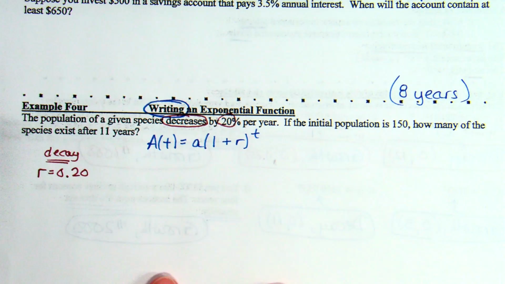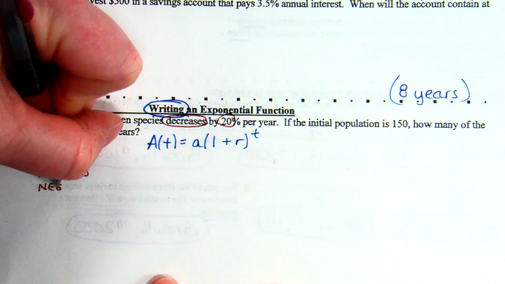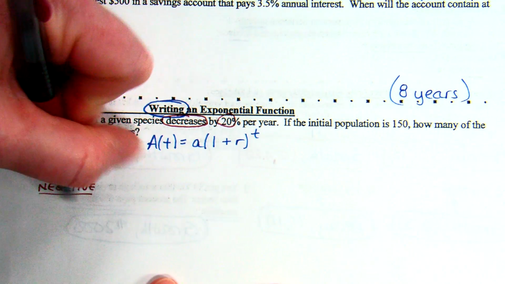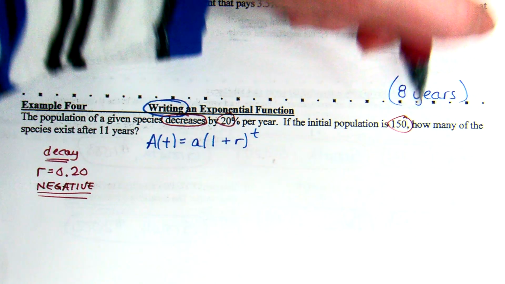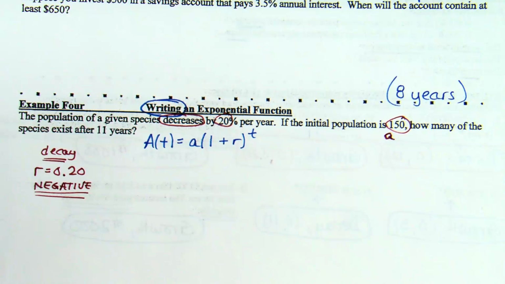I'm going to have to make it negative or subtract. And I guess I didn't really make that a negative there, but it's going to have to be a negative when we do this. What else do we have? Initial population of 150. So what is that? That's my little a.